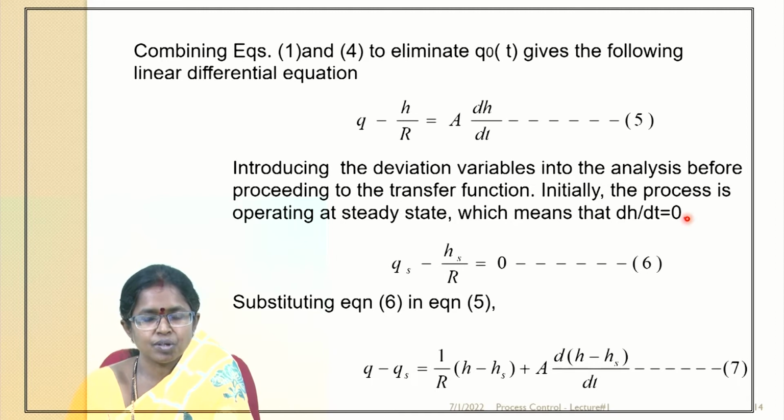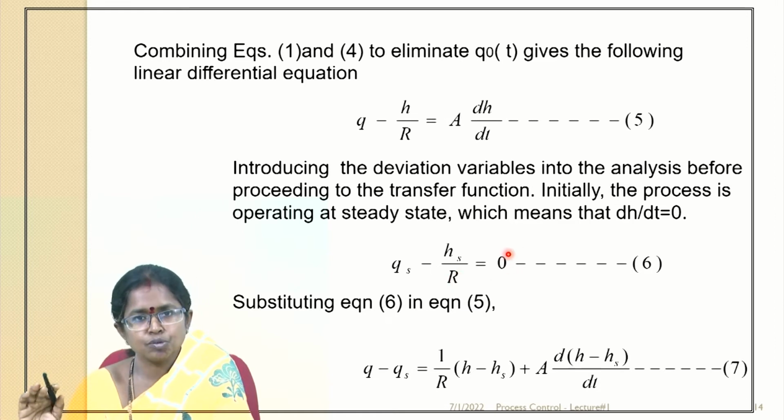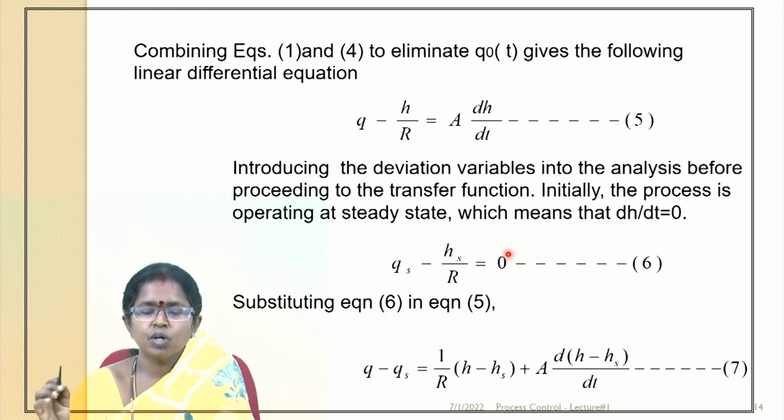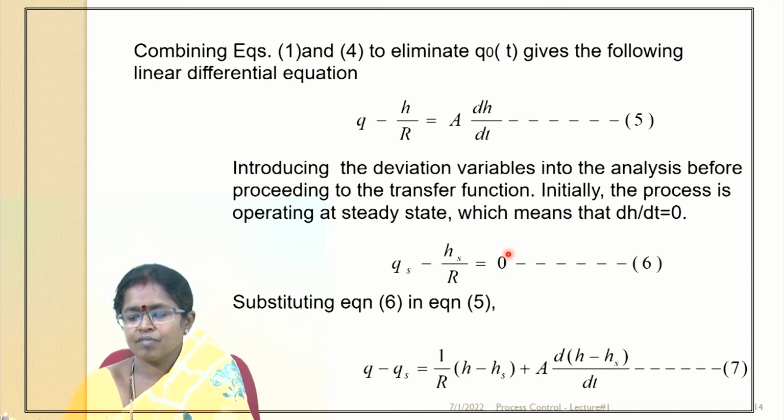Level in the tank is constant, so the rate of change is equal to 0. Now introducing a deviation variable, Qs minus Hs by R, where s represents steady state, is equal to 0. Why is it 0? Because there is no change, right? Everything is constant. The level in the tank is maintained constant because inflow rate is equal to outlet flow rate. So dH by dt is equal to 0.